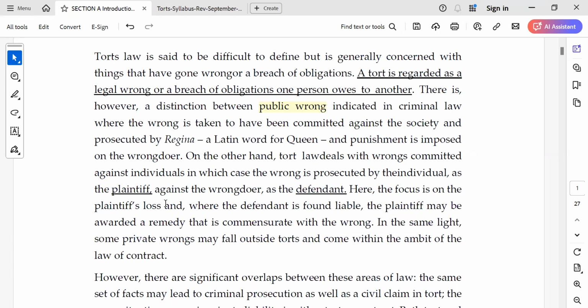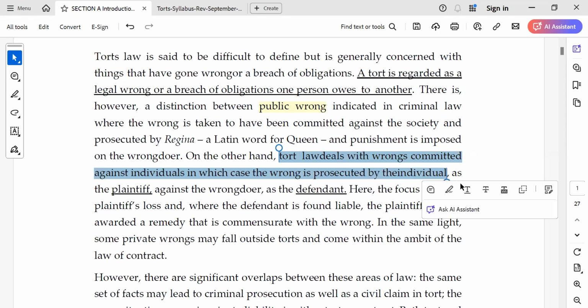One party is the plaintiff. It is the person against whom the wrong has been done, and he is filing this suit against the wrongdoer, who is called the defendant. So this is the key difference.